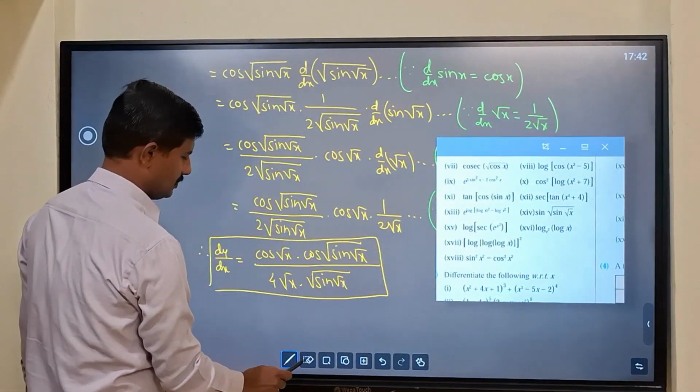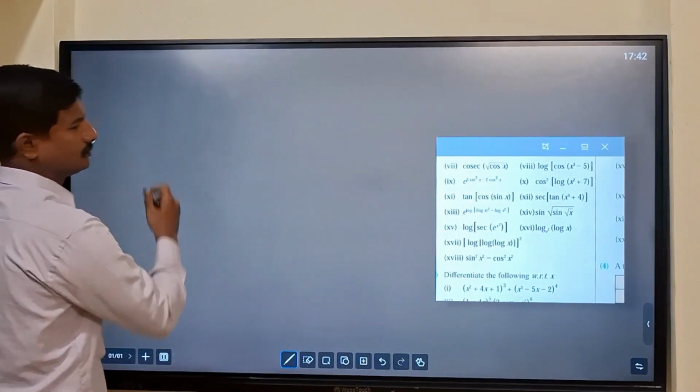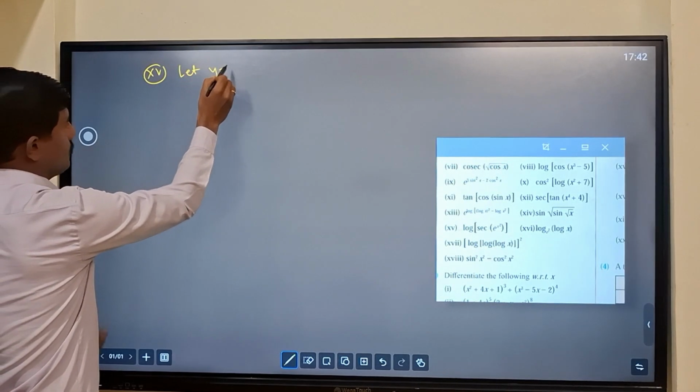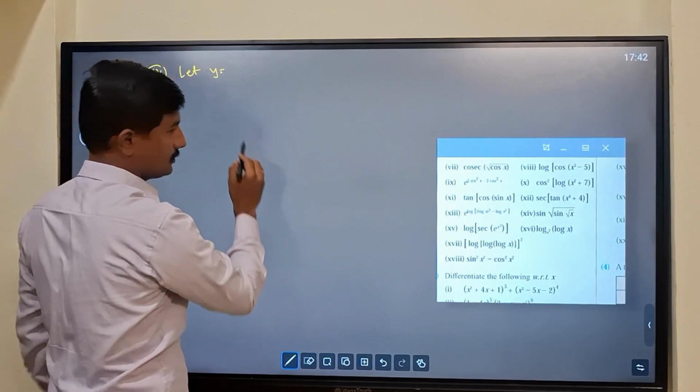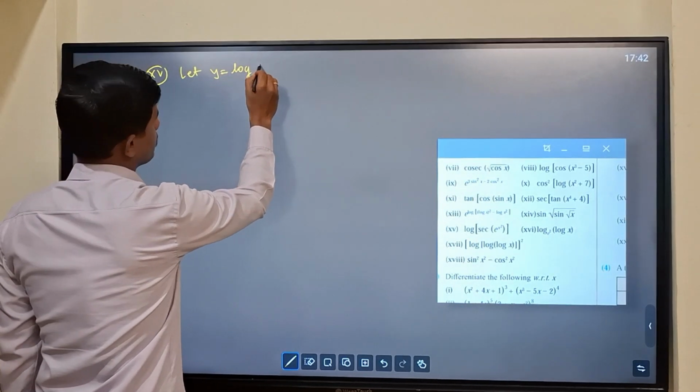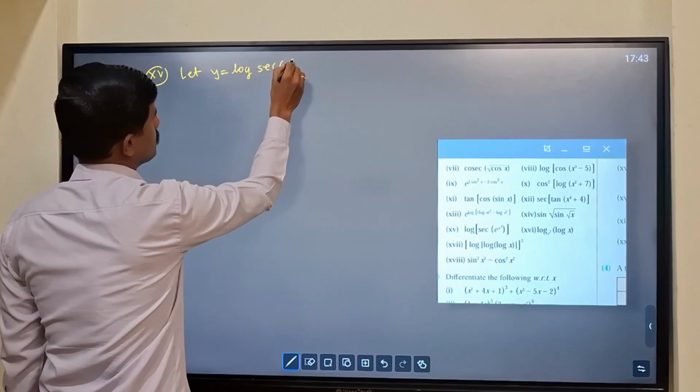Now 15th one. Let y equal to log of sec of e raised to x square.